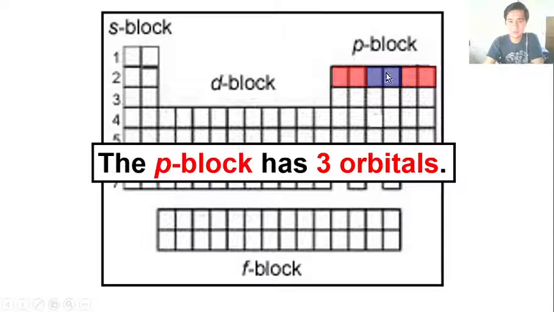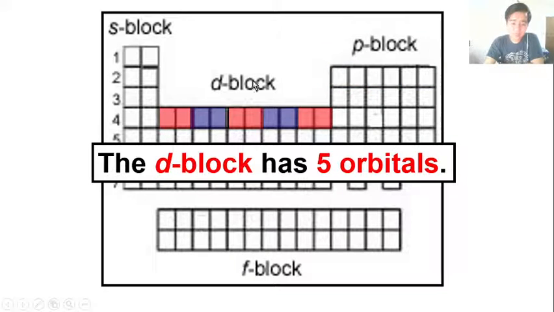So that's 1, 2, 3 orbitals. One orbital can hold how many electrons? 2. So 1, 2, 1, 2, 1, 2. That's a total of 6 electrons.